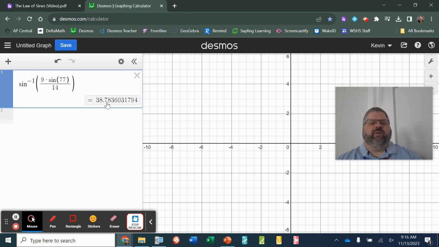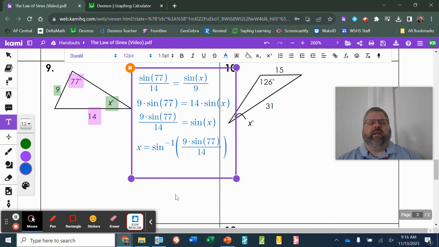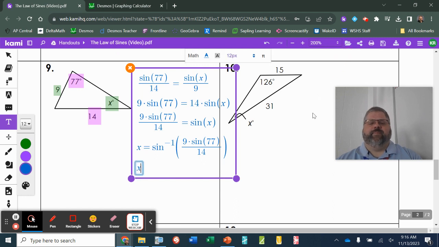So this tells me that I have 38.78. If I'm going to round to the nearest tenth of a degree, I would allow that 8 to round the 7 up to an 8. So here I would say x is approximately 38.8 degrees.